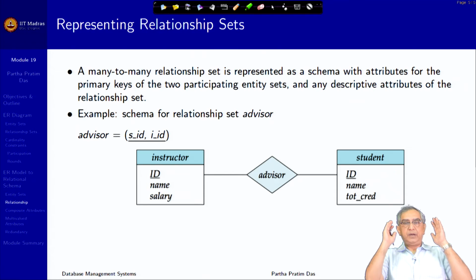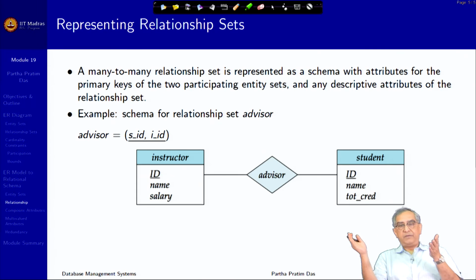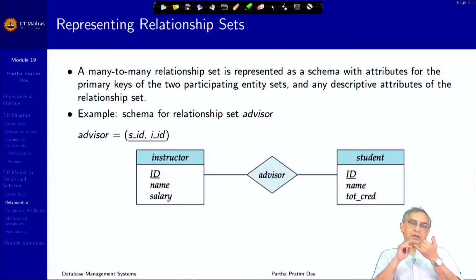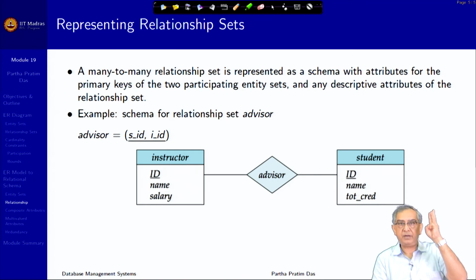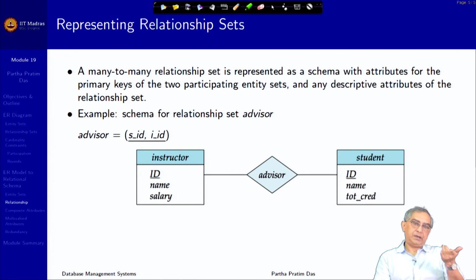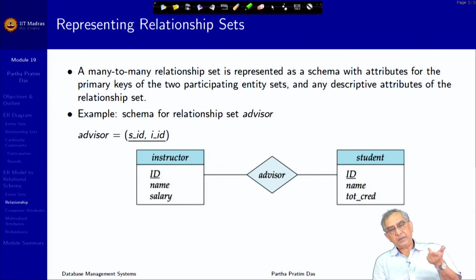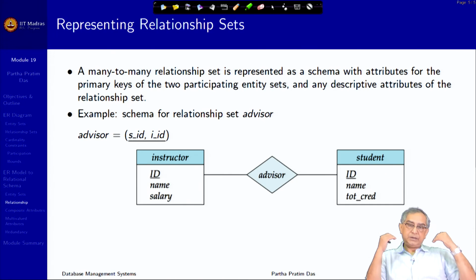You need to have what is a relation. A relation's schema is a name, a set of attributes and the information of the primary key. These are the three fundamental pieces of information for a relation schema. The name comes from the name of the entity set or the name of the relationship, and for the attributes we are just figuring out how to get them.